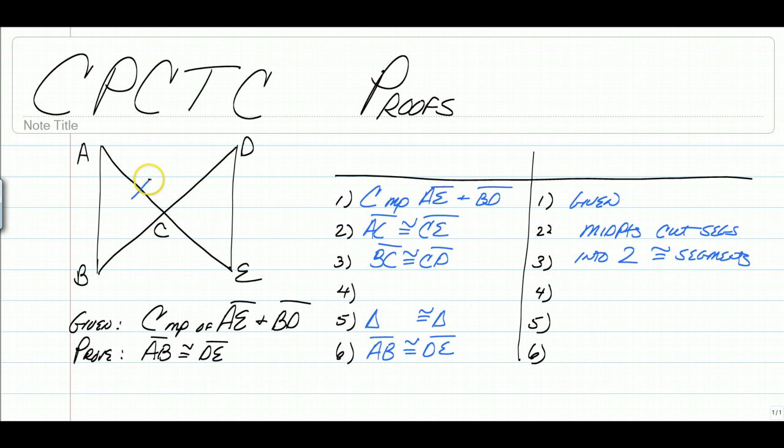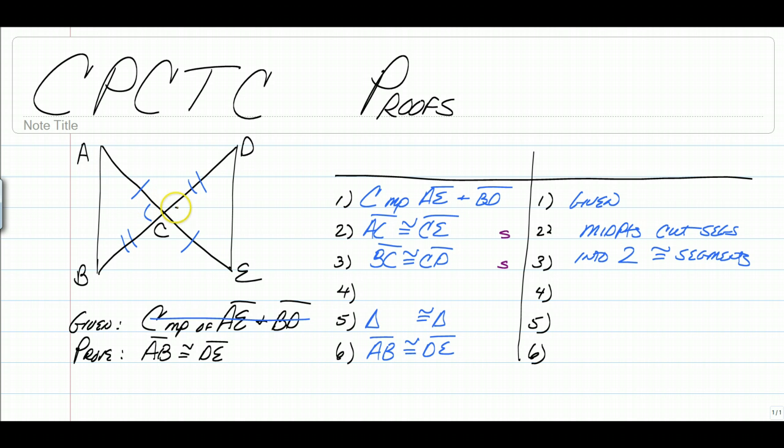Okay, so then of course AC is congruent to CE and BC is congruent to CD, and we have our diagram marked. And as I've mentioned before, if it helps you, you can say that these are sides and these are also sides. Remember, the order does not work in here all the time. So we've run out of givens. So that means we have to go to our picture proofs. What can we say directly from this picture?